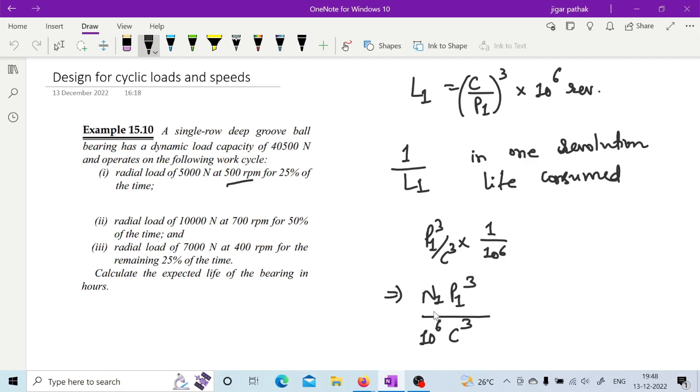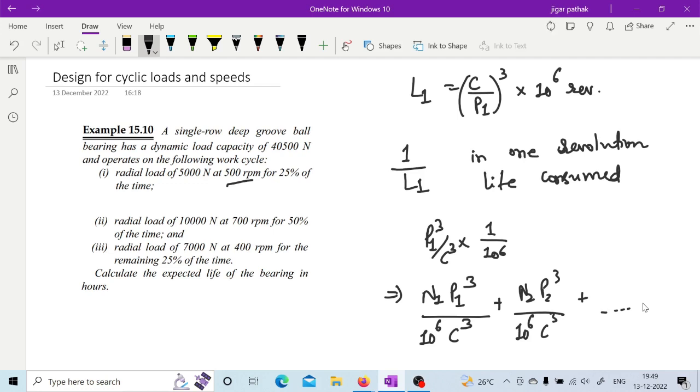For n1 RPM, the life consumed is n1 P1 cubed upon 10⁶ into C cubed. Similarly for n2, it is n2 P2 cubed upon 10⁶ into C cubed, and so on. Here in our case we have 3 different loads, so it will be n3 P3 as well, but it can go up to n number of loads, acting for different amounts of time.